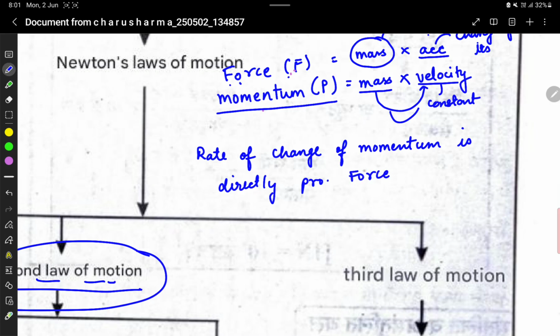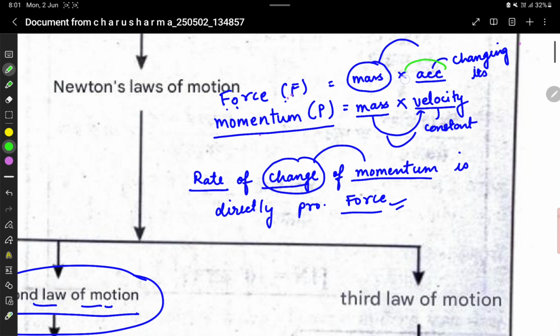This is the statement of the second law. What does the law say? The rate of change, the momentum changing now, is known as the force. Yes, that's what we have learned so far. Whenever your acceleration or your speed is changing, that is known as force.